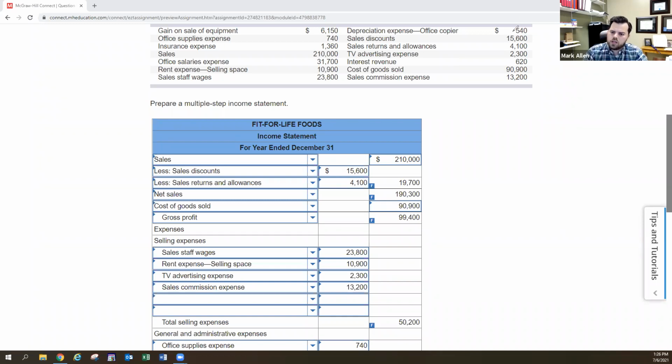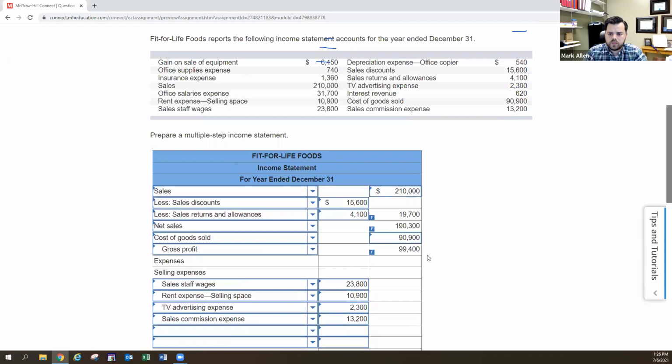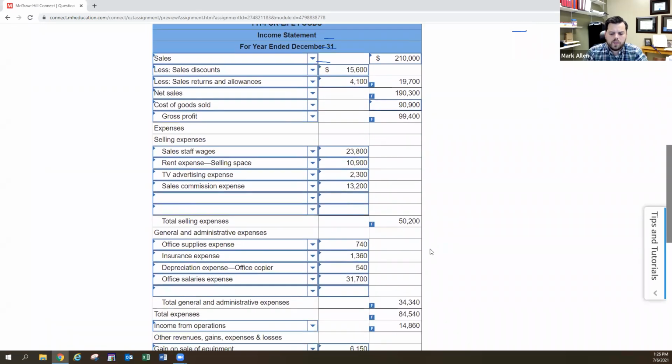Okay, well, that's fine. Depreciation expense on the office copier has gone away now. We've got our office supplies expense, that has gone away now. We have gotten our insurance expense and our office salaries expense. So all of those have been dealt with. Okay, so those are the four that we needed.